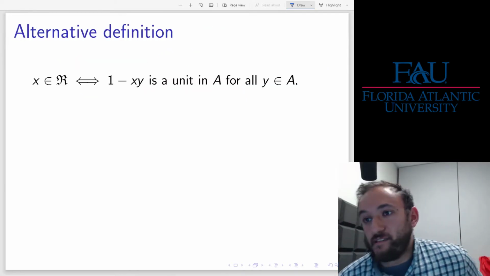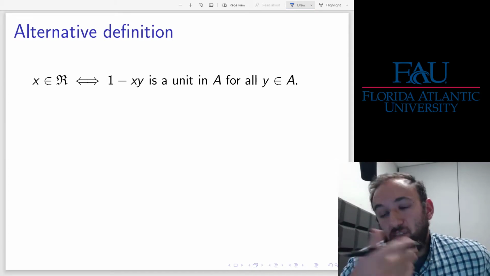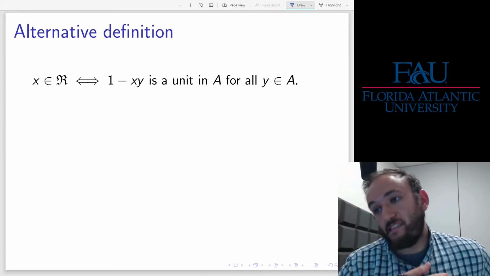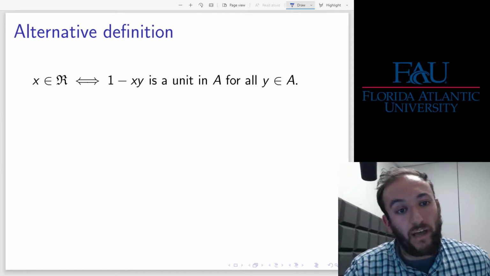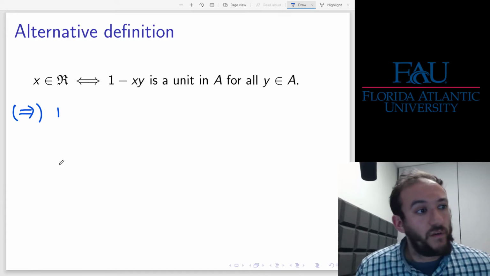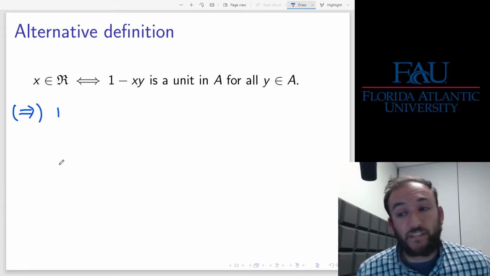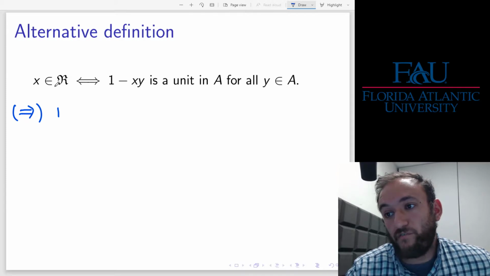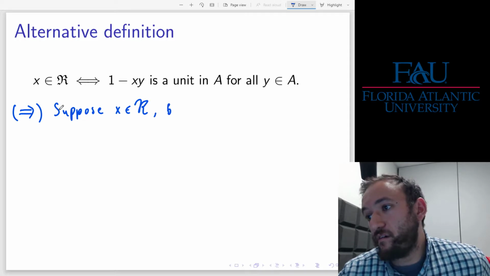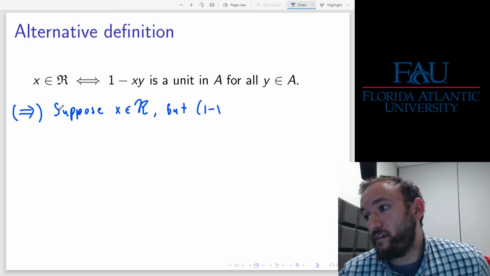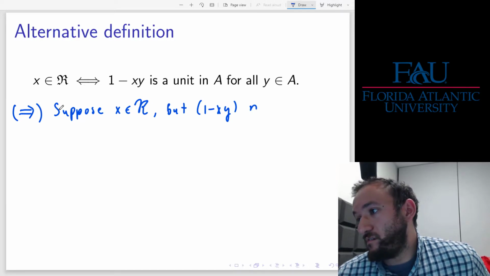An alternative definition is that an element x is in the Jacobson radical if and only if 1 minus xy is a unit in A for all y in A. We're going to prove this by contradiction, supposing first that x is in R. Suppose x is in the Jacobson radical, but 1 minus xy is not a unit.